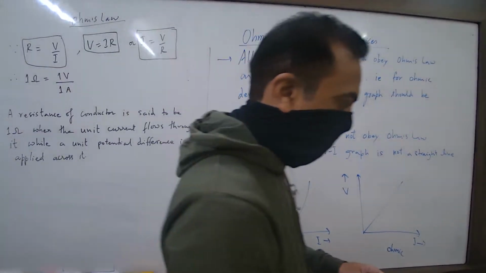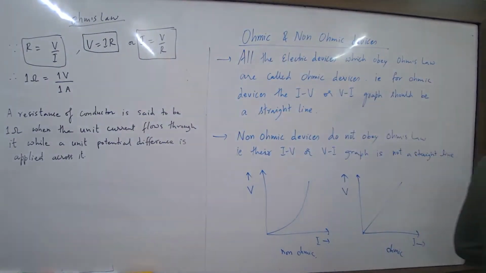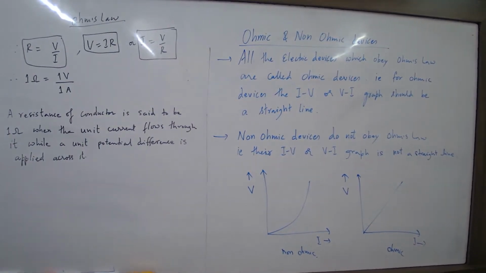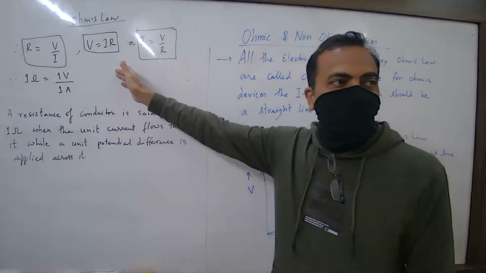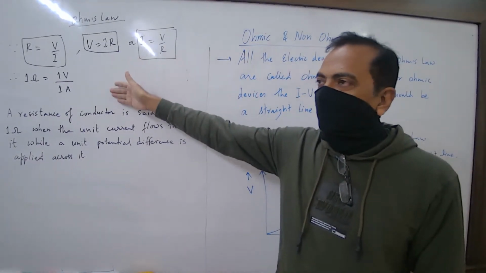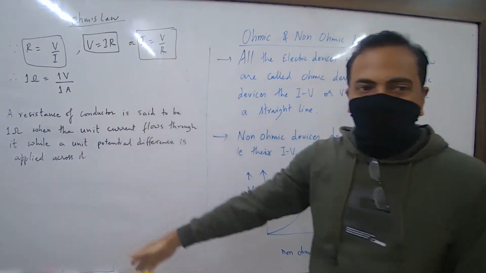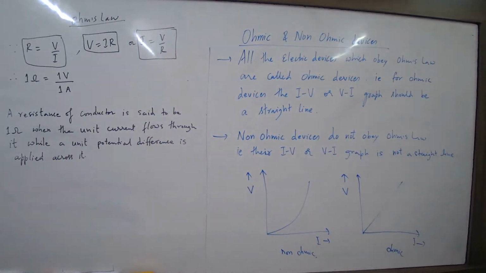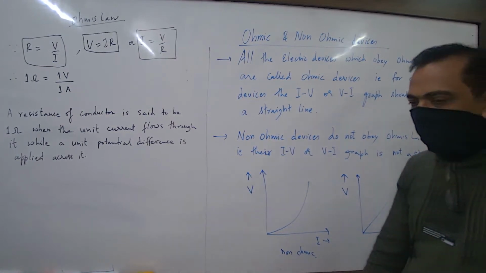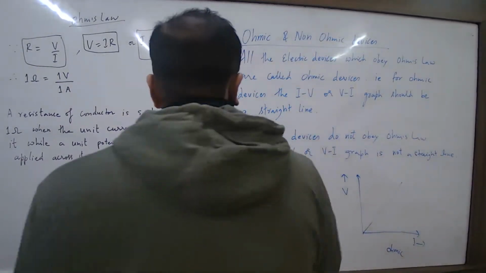Understood? So then we say the resistance is 1 ohm. Mathematically it's very simple. 1 ohm is 1 volt divided by 1 ampere. In English, 2-3 statements in writing.